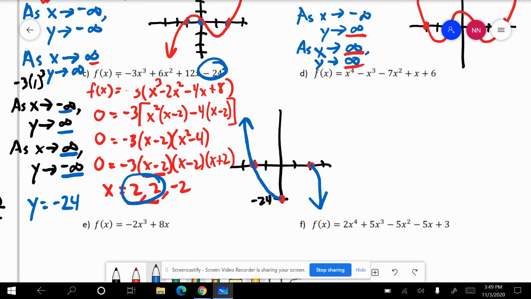It goes to negative 24. It comes back up. It doesn't go through the point. It touches the point and then goes down. So what it's doing is it goes up and then goes down at 2, whereas with negative 2, it just goes through it once. And so whenever you have an answer twice, it's touching that, it's not going through it.